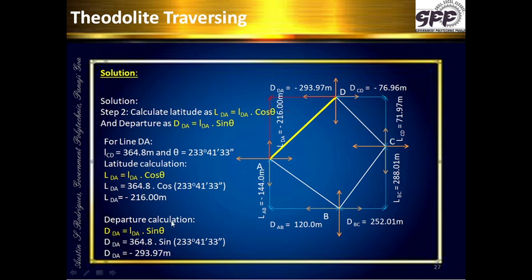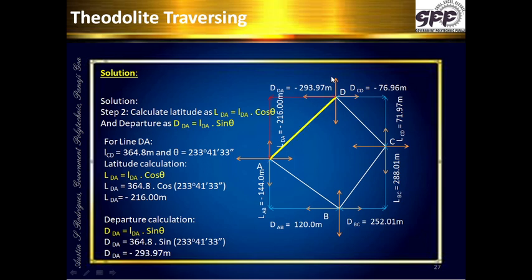Coming to the departure, departure DA is equal to length DA into sin theta. So departure DA is equal to 364.8 into sine of the angle 233 degrees 41 minutes 33 seconds. When I solve this, we get minus 293.97 meters. Why minus? Look at this line again.